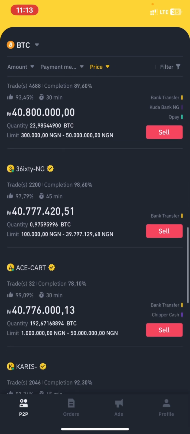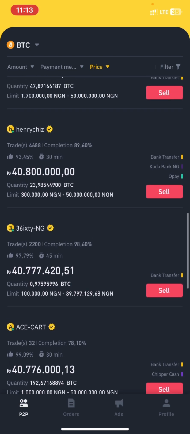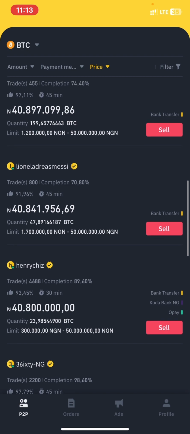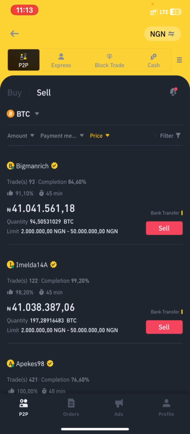You see, this price is not profitable again if you are trading with this guy over here with a lower price. You can buy from them, but with this guy over here with 2 million, then we need to go back again. The price has changed, 41 million and 41,041,000.